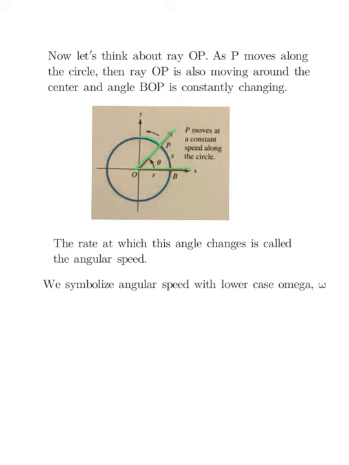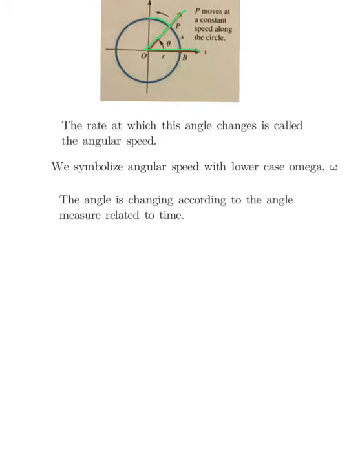We symbolize angular speed with the lowercase Greek letter omega, and it's kind of a funky looking little W. The angle is changing according to the angle measure related to time. So it's so many radians per minute, so many radians per hour.